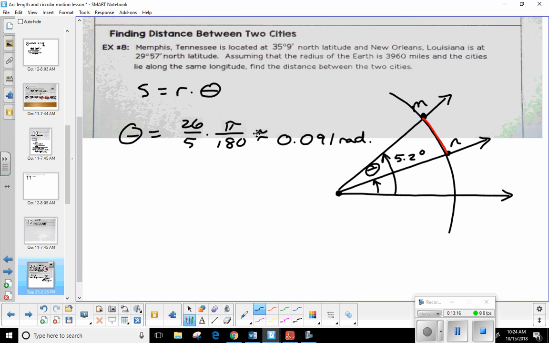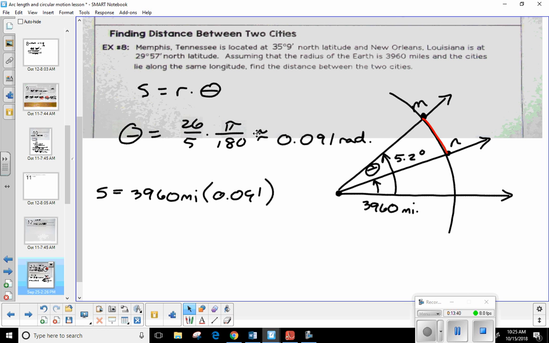Okay. So now, what was the radius that I was provided? The 3,960, right? Okay. So the arc length, the distance between the two cities, would be the 3,960 miles times the 0.091 radians that we just got. Now, see, I went ahead and rounded it so that I could actually write the value on my paper and, again, show my work.